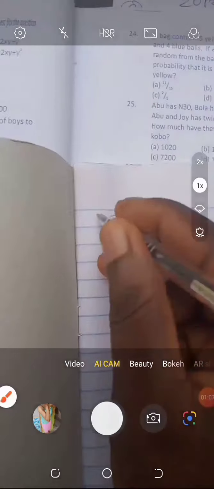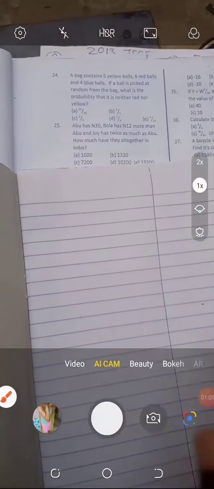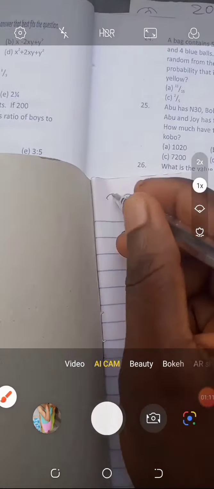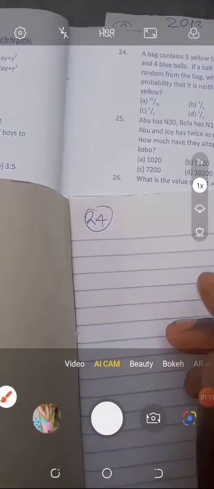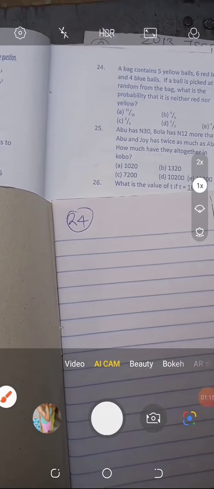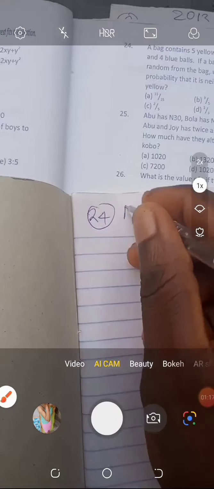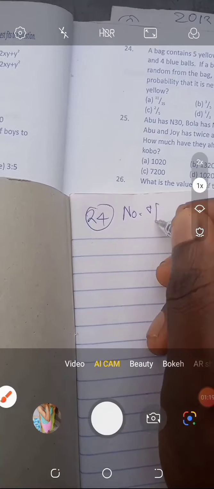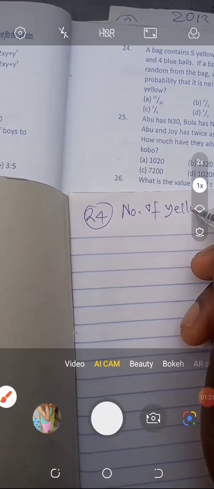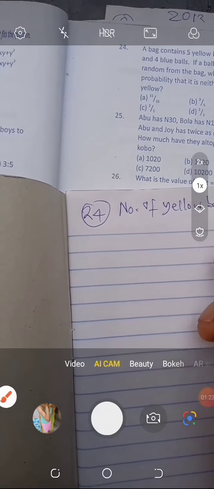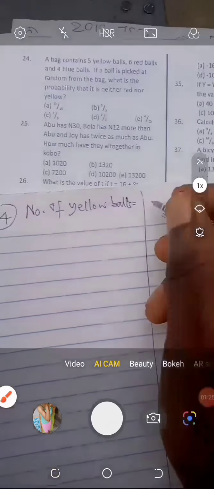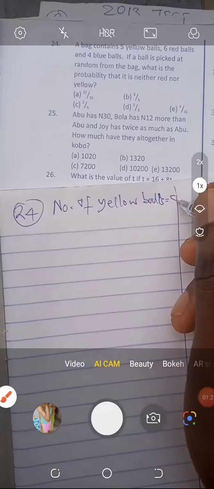So number 24, the equation said a bag contains 5 yellow balls. So we can say the number of yellow balls is equal to 5.